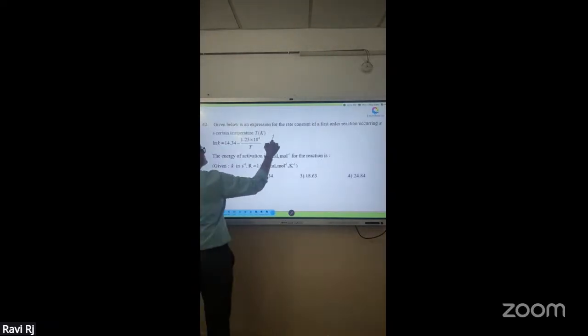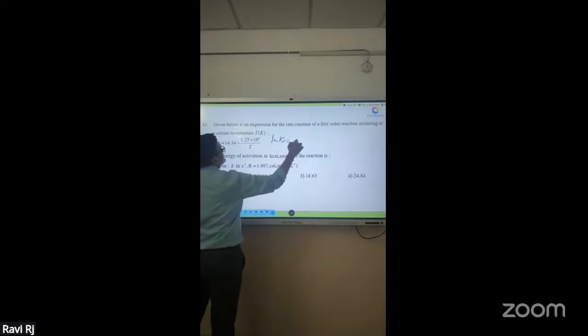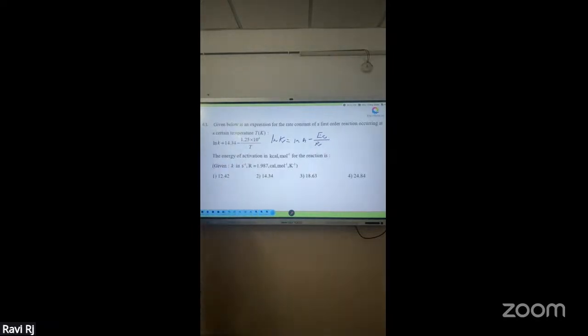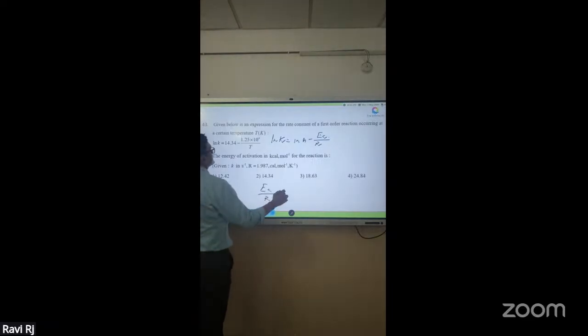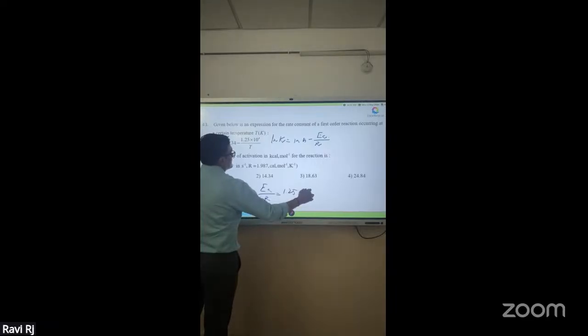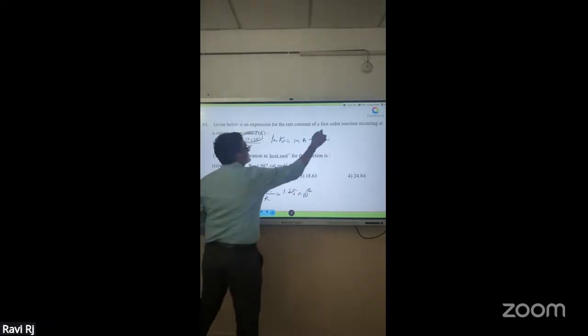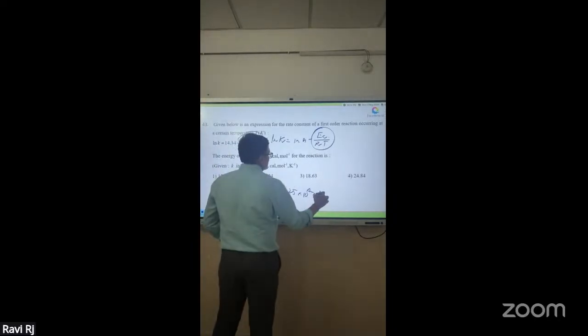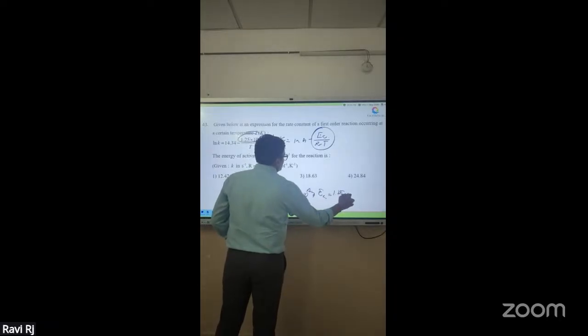Now you need to compare this with the Arrhenius equation, which says this. So you can see that from this, the activation energy, this is the previous JEE question also. So Ea by R value is given 1.25 into 10 to the power 4. If you compare, this value is Ea by RT. So Ea is equal to 1.25 into R value.